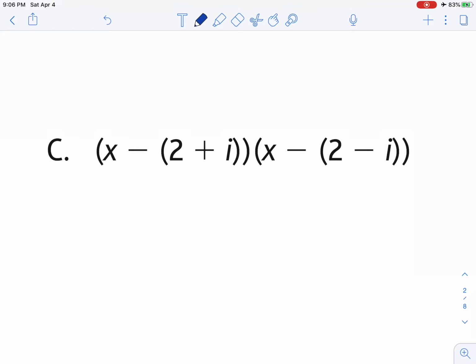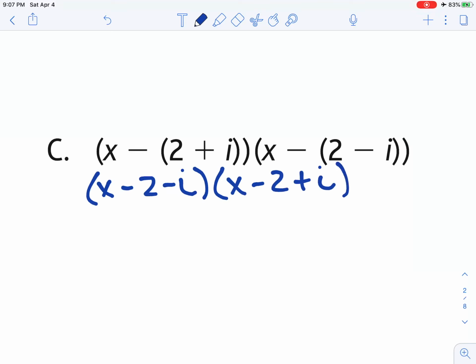Okay, so this one is a little different, and I'm sure you're looking at this and you're going, what? But it's not that bad. I'm going to distribute that negative through, and I'm going to write it like this. So, hopefully you notice that this first part and this first part are exactly the same.